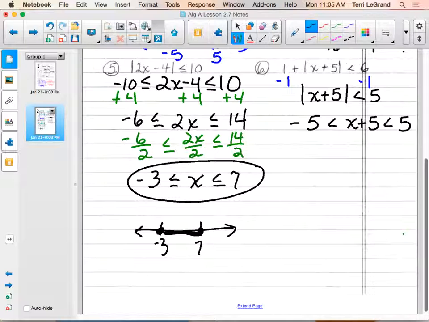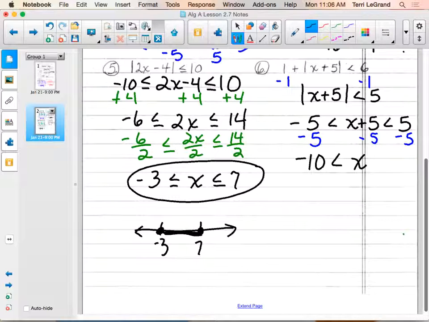What kinds of 5s are going on in this one? Okay, next move. Minus 5 from all 3 sides. Do you have a question, Joss, or you just want to tell me what to do? You were raising your hand like I'd like you guys to do. Okay, so we're going to subtract 5 from every region. All 3 of them. Negative 5, take away 5 more is negative 10.